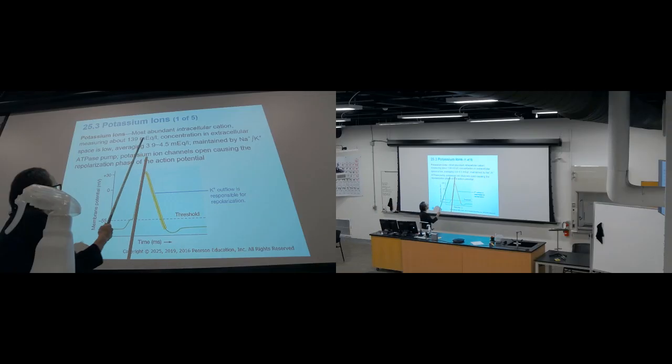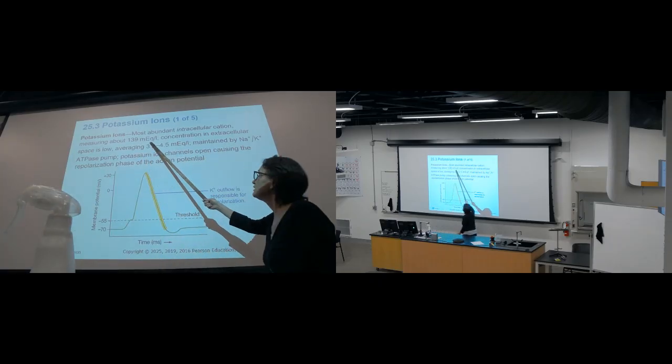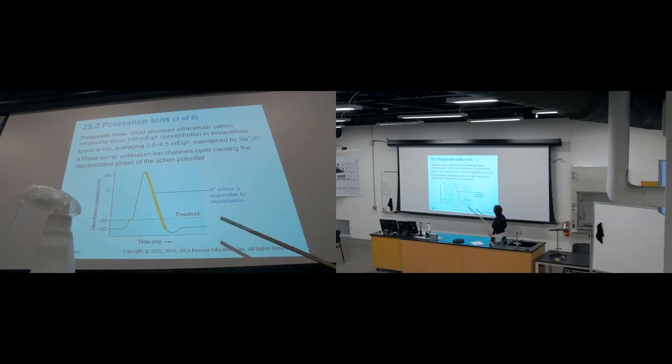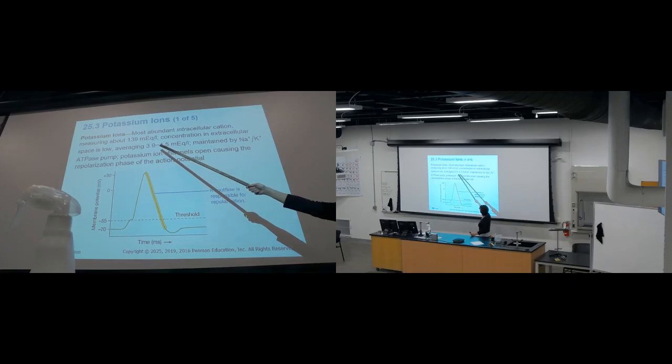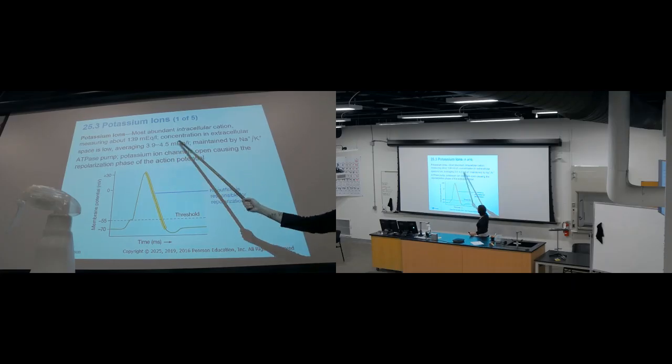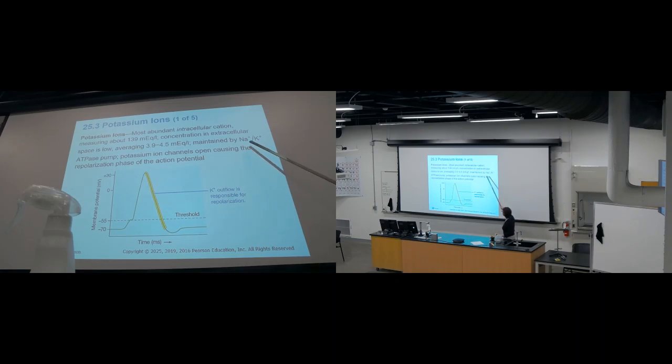That amount intracellularly is 139 milliequivalents. The extracellular compartment has very low potassium, 3.9 to 4.5 milliequivalents per liter. And just like the sodium concentration, potassium concentration is maintained between the compartments by the sodium-potassium pump.